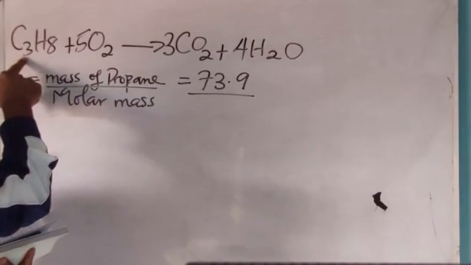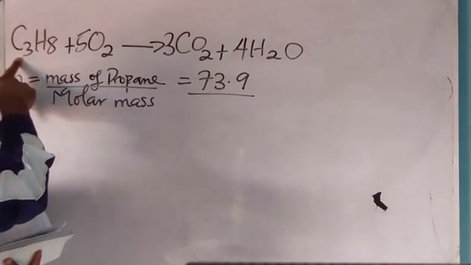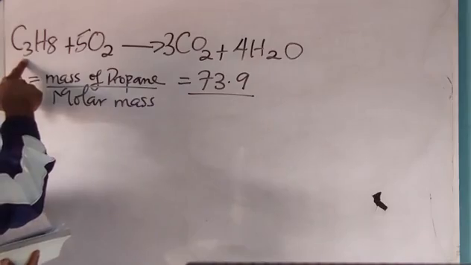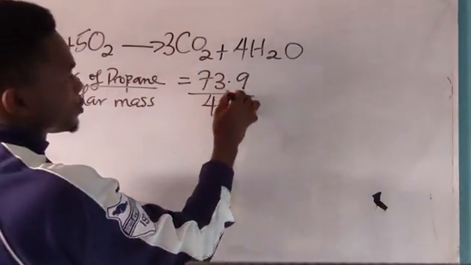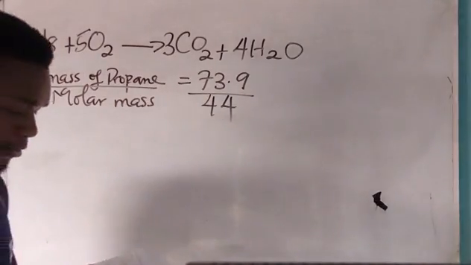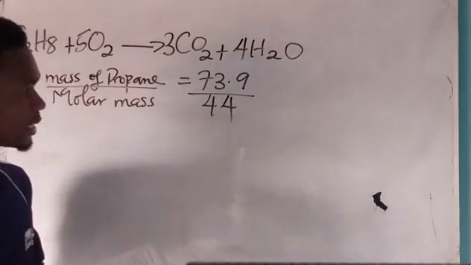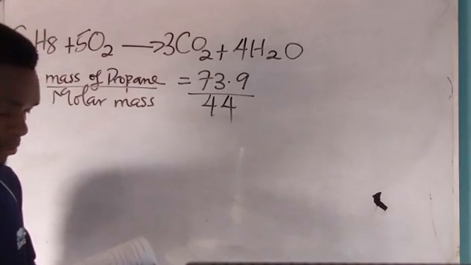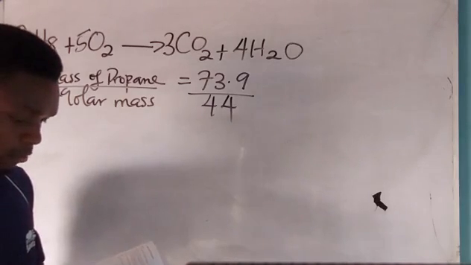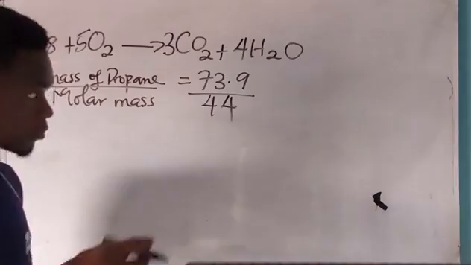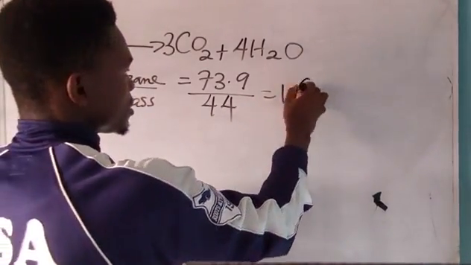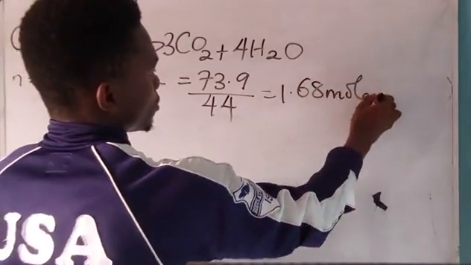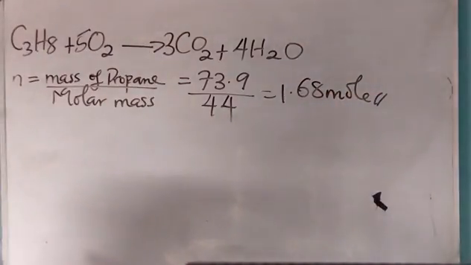Carbon is 12, so 12 times 3 is 36. 36 plus 8 is 44. Then you have 73.9 divided by 44, I'll have 1.68 mole.